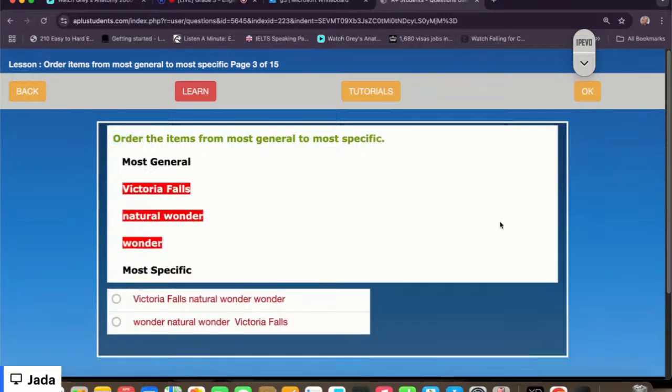Okay, so we have Victoria Falls, Natural Wonder, and Wonder. What's the right order here?